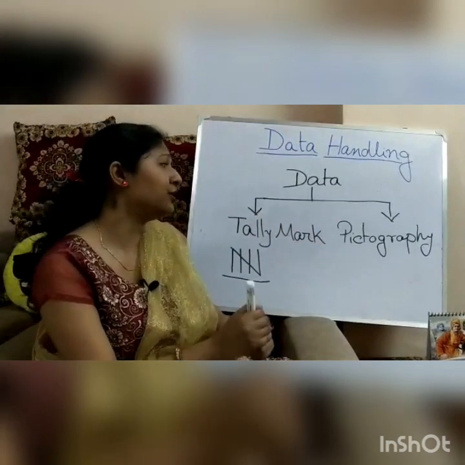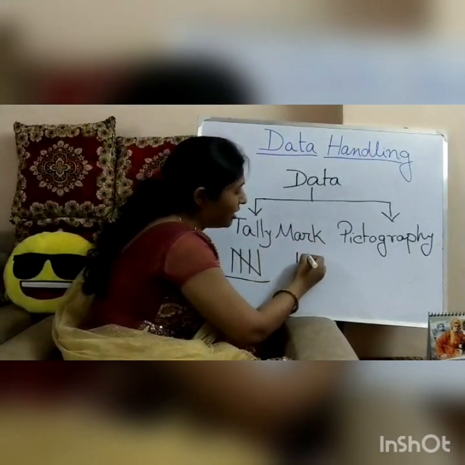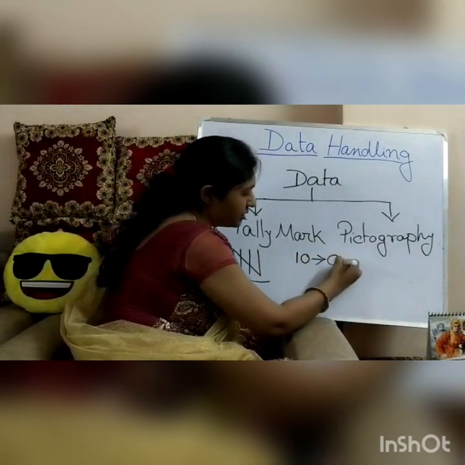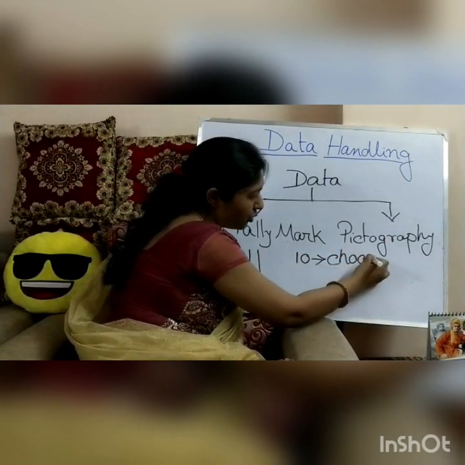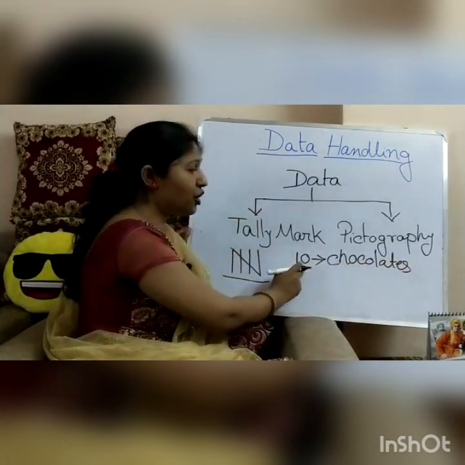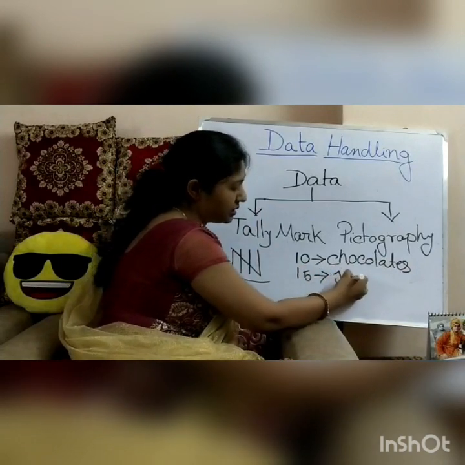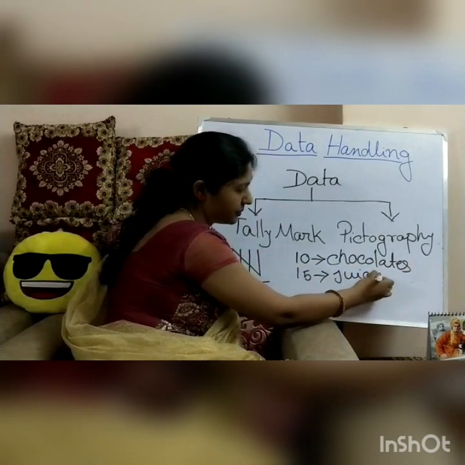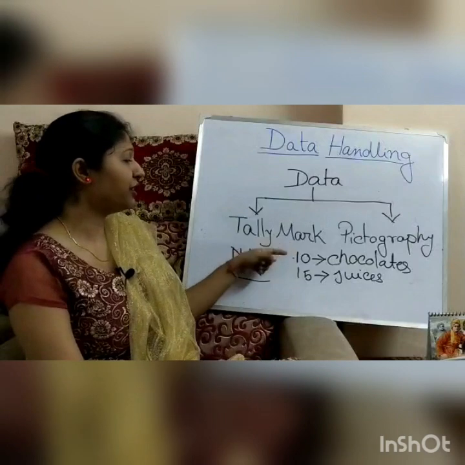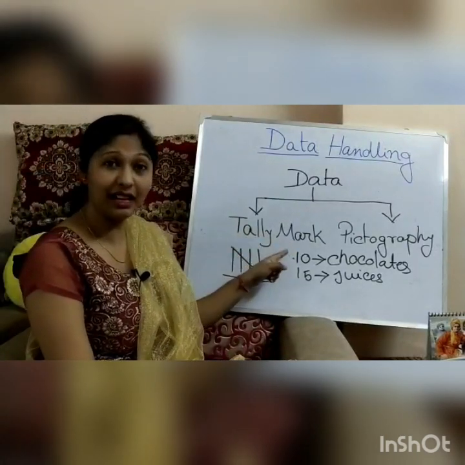Yesterday Siddesh sold 10 chocolates and 15 juices. So, for these 10 chocolates, how would he write it down in tally marks?